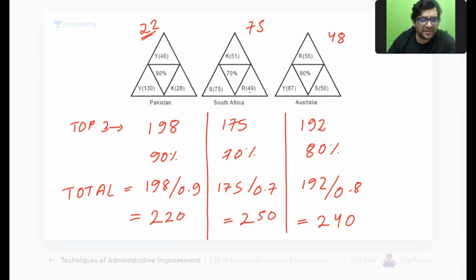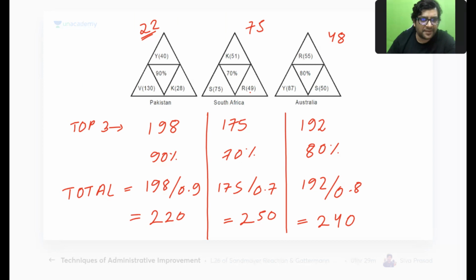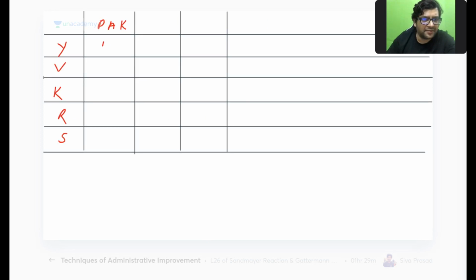First match against Pakistan: this is 40, 130, 28.